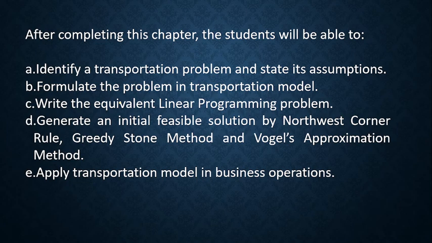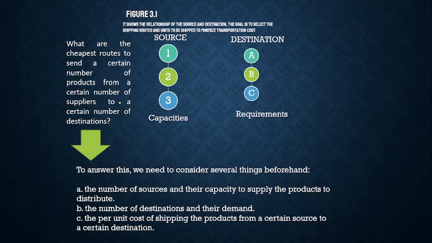After completing this chapter, the student will be able to identify a transportation problem and state its assumptions, formulate the problem in a transportation model, write the equivalent linear programming problem, generate the initial feasible solution by the northwest corner rule, the Stepping Stone method, and Vogel's approximation method, and apply the transportation model in business operations.